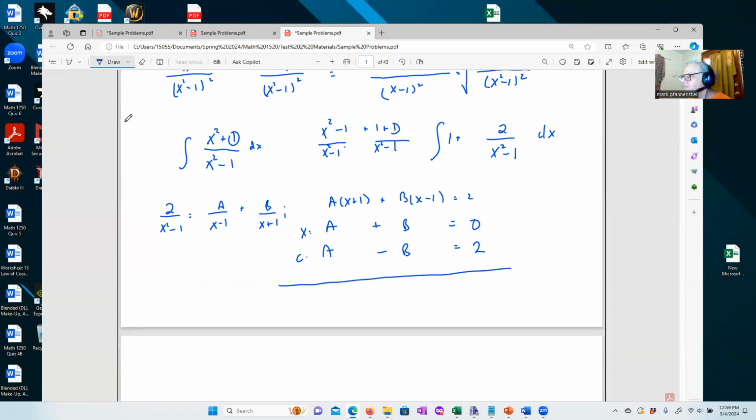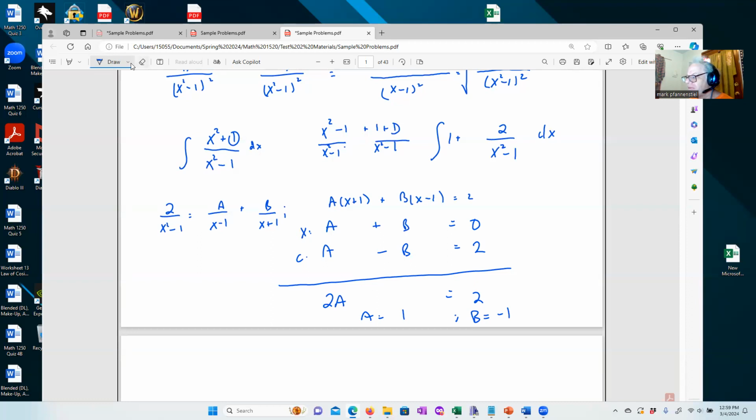I'm going to go ahead and solve this by elimination. So we end up with 2A equals 2, so A is equal to 1, and B is of course equal to minus 1. Okay, that's pretty convenient.